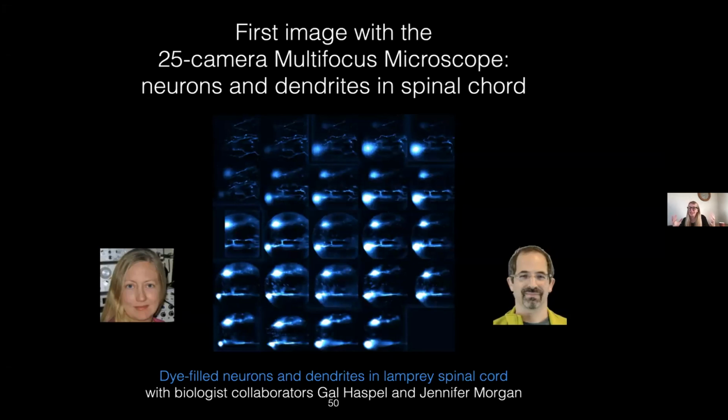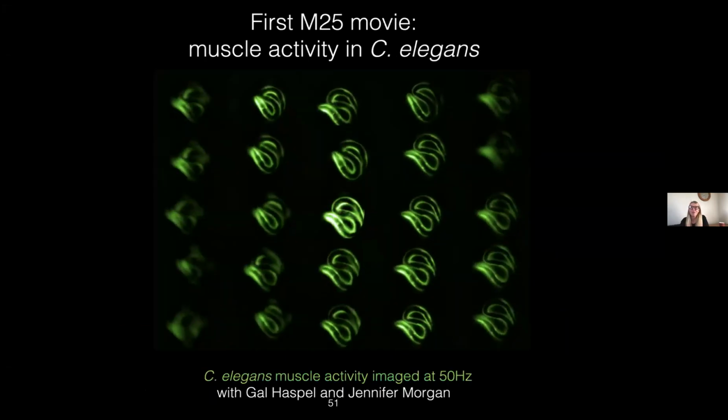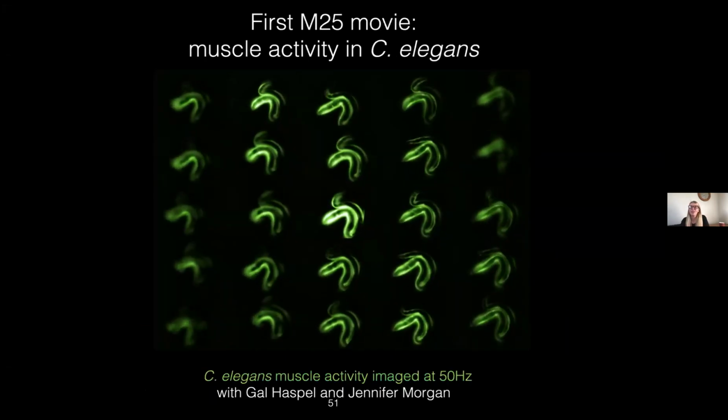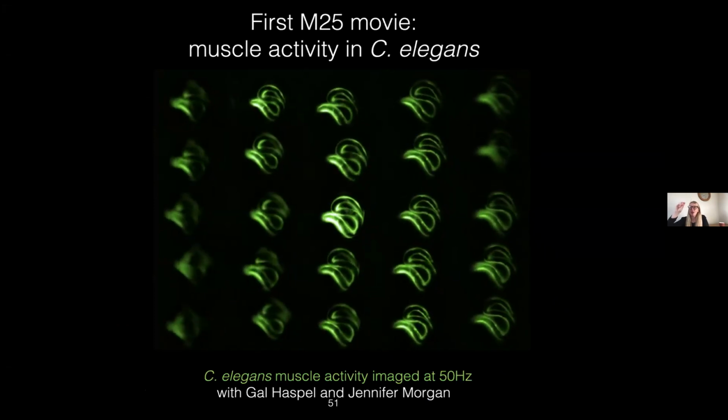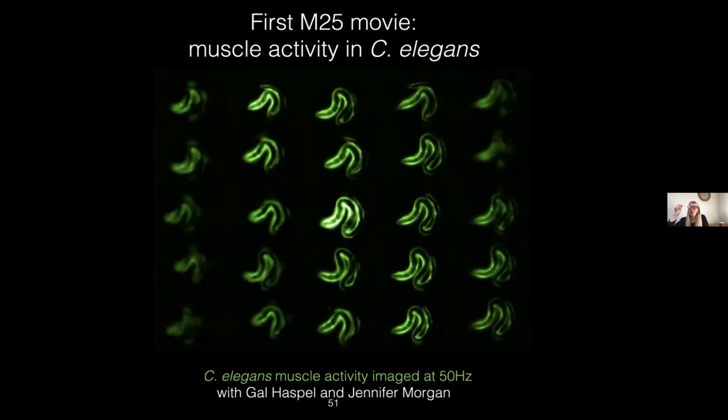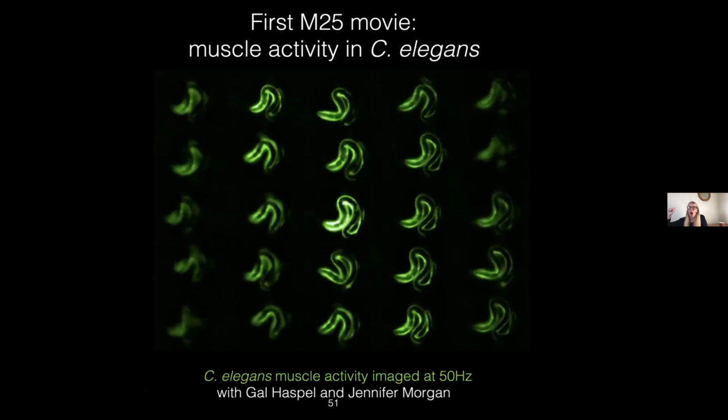So this was just a test image, and we can see dendrites and neurons in different focal planes. And the first movie we made was of C. elegans again. So that was that nematode that in the previous images we labeled individual neurons in the brain, but now we've labeled entire muscles in the body.